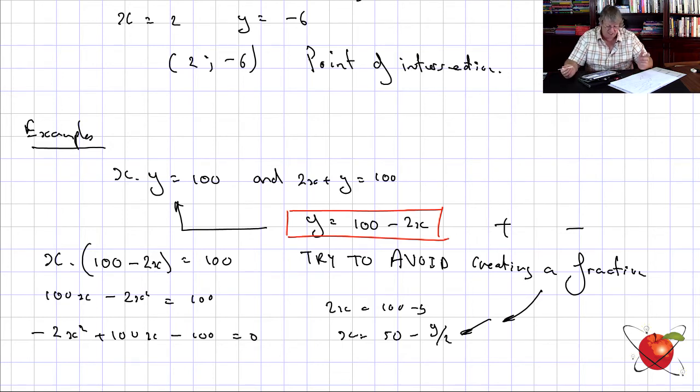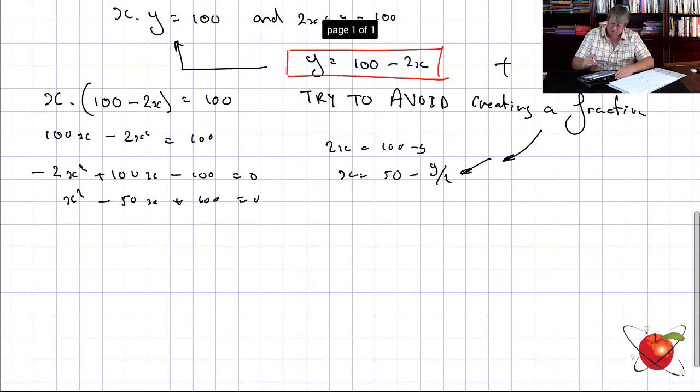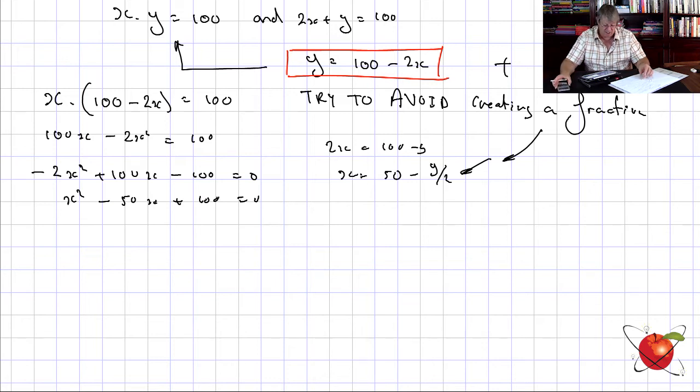Let's carry on with it. It doesn't matter. Let's divide through by minus 2, so you get x squared minus 50x plus 100 is equal to 0. And you will solve for x. In my notes here, I changed it to a 200 at some stage, I see.